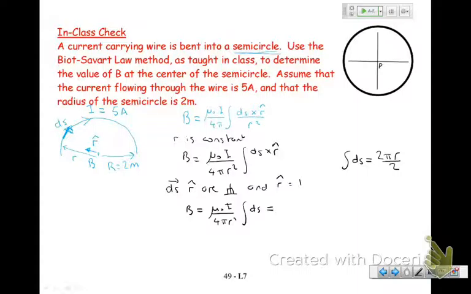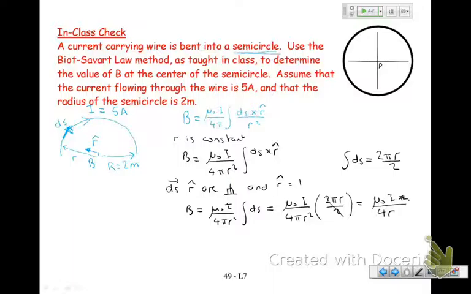So then this gives me mu naught I over 4 pi r squared times 2 pi r over 2, which equals mu naught I, the 2's cancel, pi over 4r. Oh yeah, my pi's cancel, sorry.